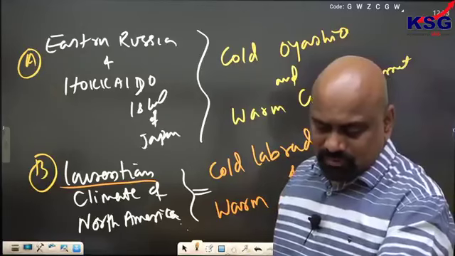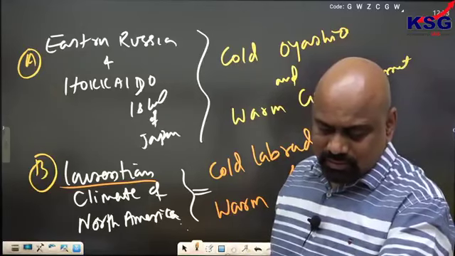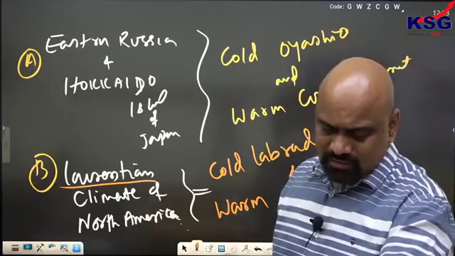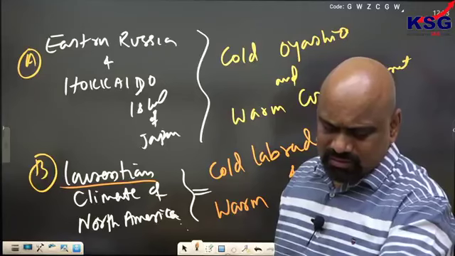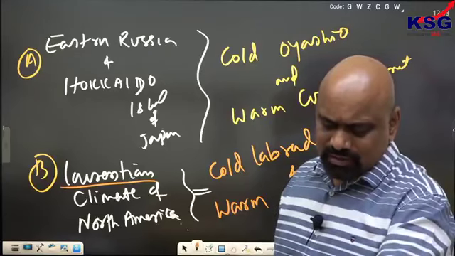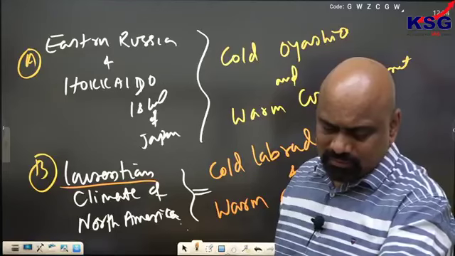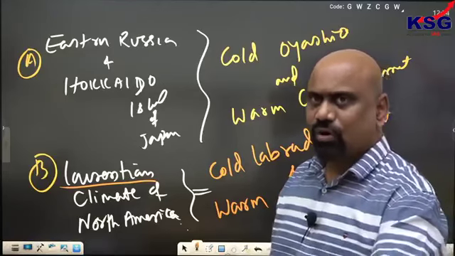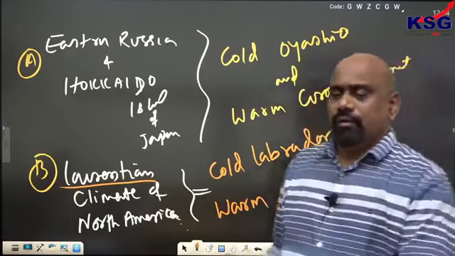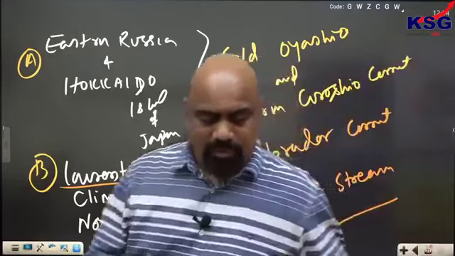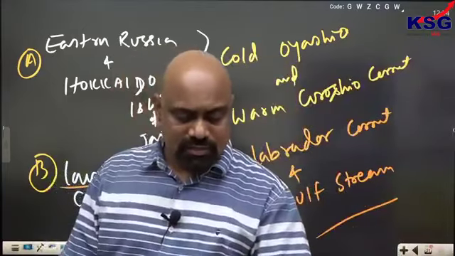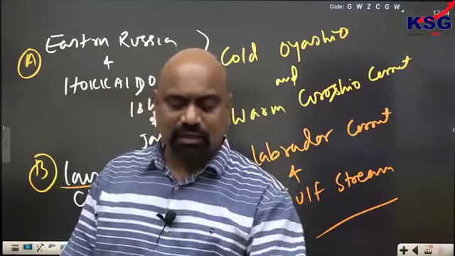Could you please give some information about desert belt? What is desert belt? Are you asking about desert belt? Kindly confirm once whether Patagonia Plateau experiences Laurentian climate. No, not at all. Patagonia Plateau is a cold desert. It is not a Laurentian climatic region.